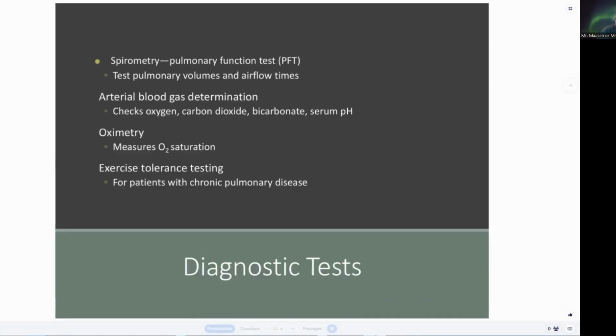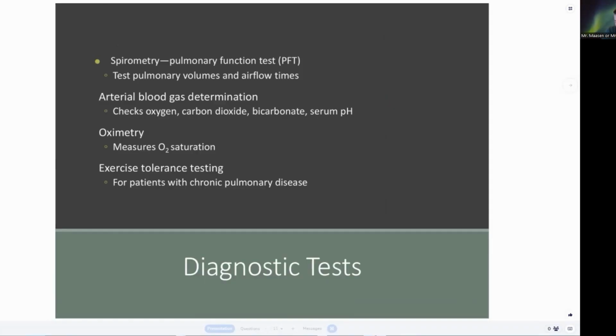So what are some diagnostic tests surrounding this? Well, we have spirometry. You've probably heard of the incentive spirometer that we use in hospitalized or post-op patients to make them take deep breaths. But spirometry in general is a term that talks about breathing devices, and we can do what's called PFTs, pulmonary function tests.